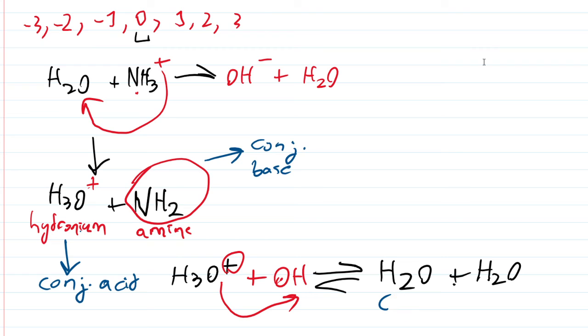This is a conjugate base because it's accepted with the acid. I mean, now it has to accept a proton, and this is a conjugate acid because this base has already accepted a proton. Now it has to give one away. So that's basically the idea of what conjugate acids and conjugate bases are, and how acids and bases donate protons to each other.